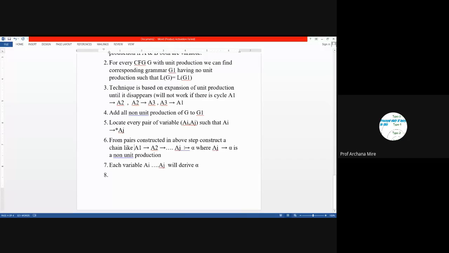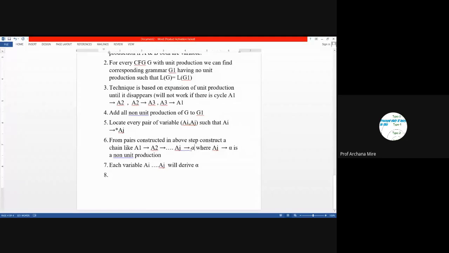Ultimately, we are interested in this particular string alpha. We are supposed to identify such a production rule alpha which is not a single non-terminal. This alpha may consist of two non-terminals, or it may be a combination of terminal and non-terminal symbols, but this alpha should not be a single non-terminal.